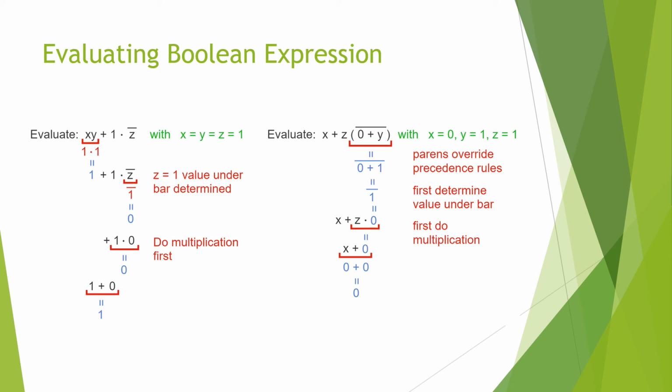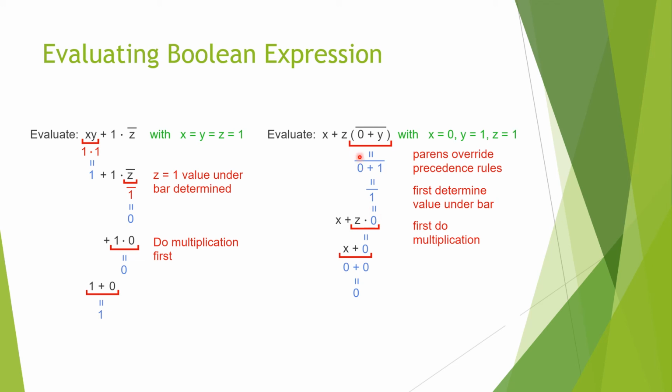Let's see another evaluation of a Boolean expression. Here we have x plus z times the complement of 0 plus y. The complement is over this addition, so we have to first do the addition. In this case, we assume that x is 0, and y and z are 1. So since y is 1, 0 plus 1 is 1, and the complement of 1 is equal to 0.